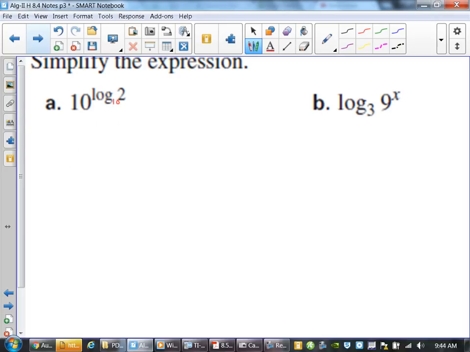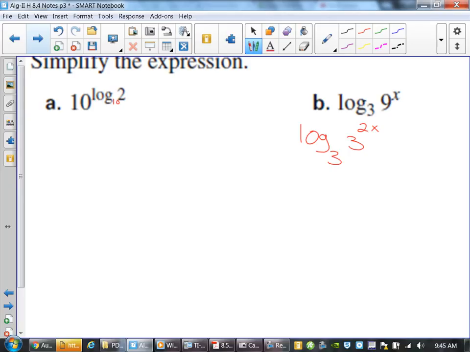Log base 3 of 9 to the x, which means I need to rewrite 9 as a base 3. How do you rewrite 9 as base 3? 9 is 3 to what power? Squared. So this is log base 3 of 3 squared times x.